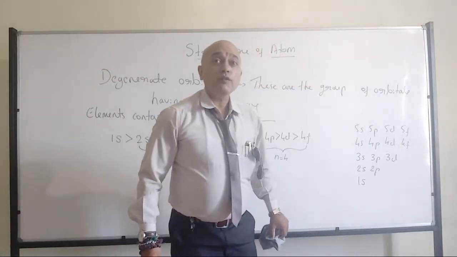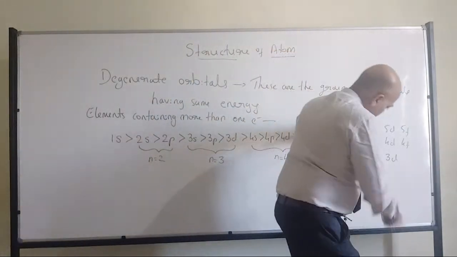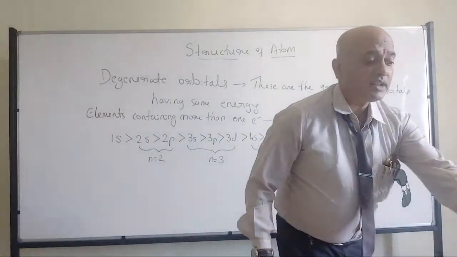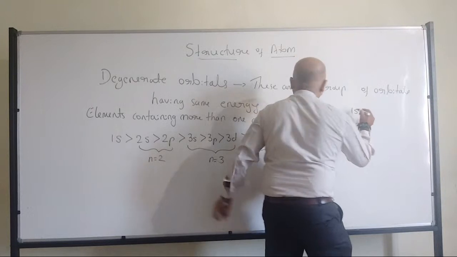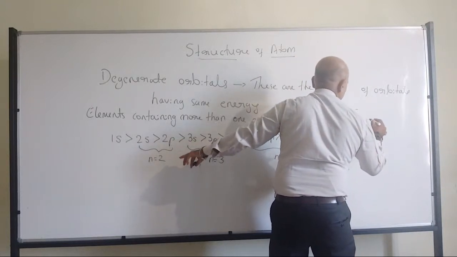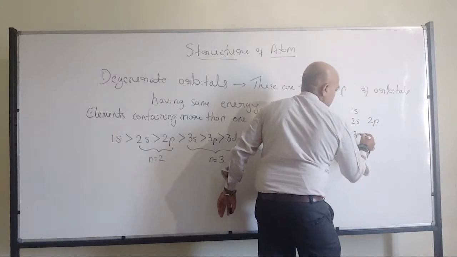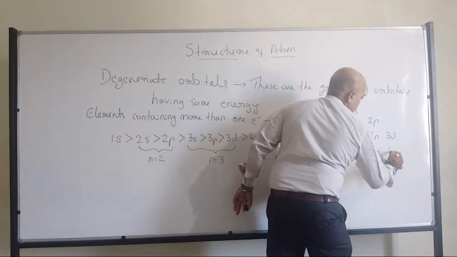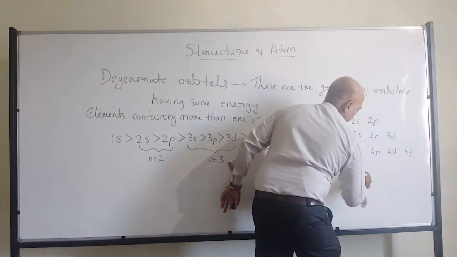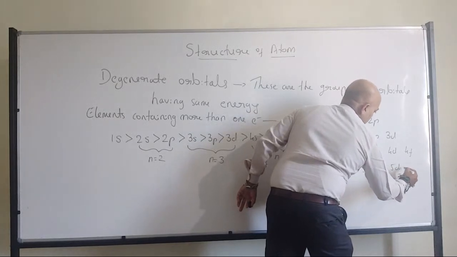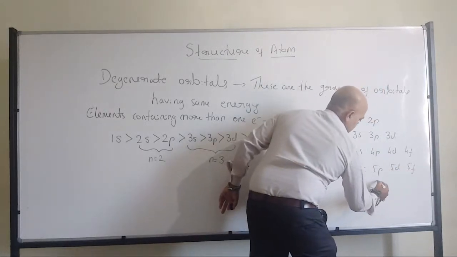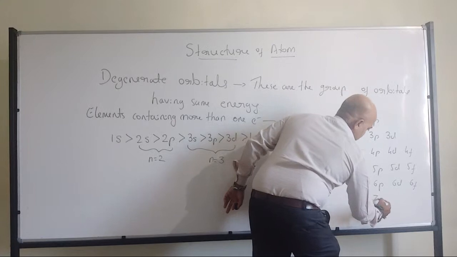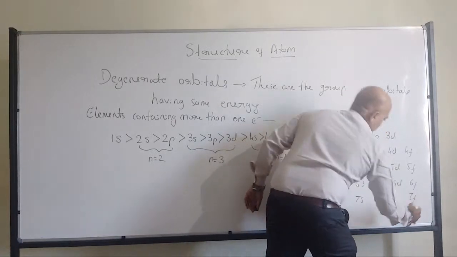Now I am talking about the Aufbau diagram. In reverse order we can write 1s first, then 2s, 2p, 3s, 3p, 3d, 4s, 4p, 4d, 4f, 5s, 5p, 5d, 5f, 6s, 6p, 6d, 6f, 7s, 7p, 7d, 7f.